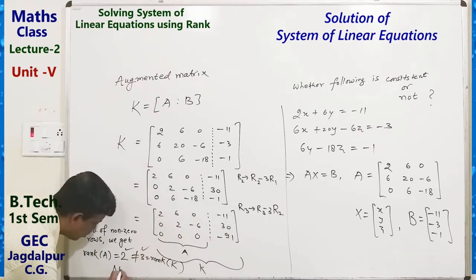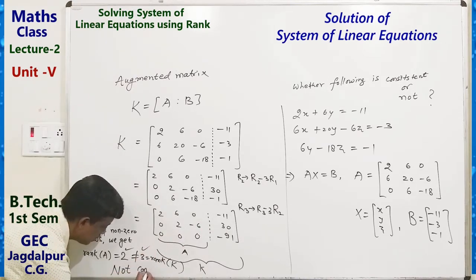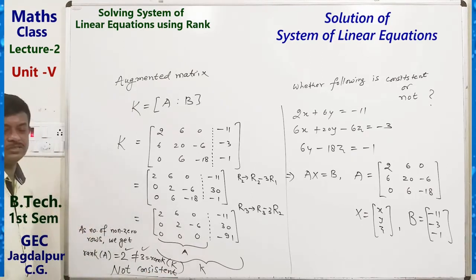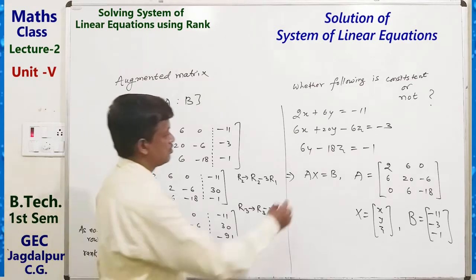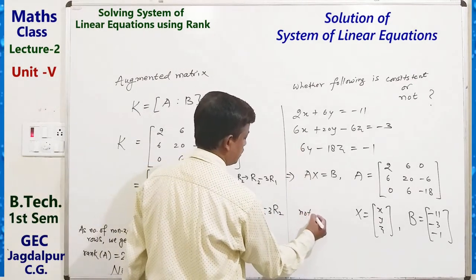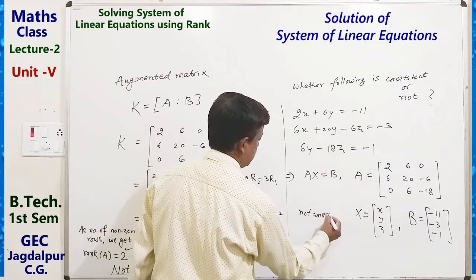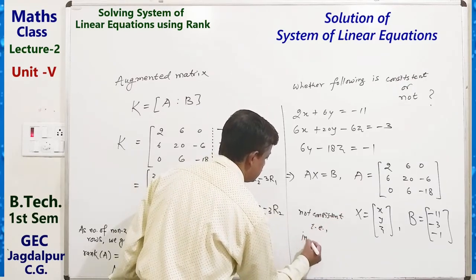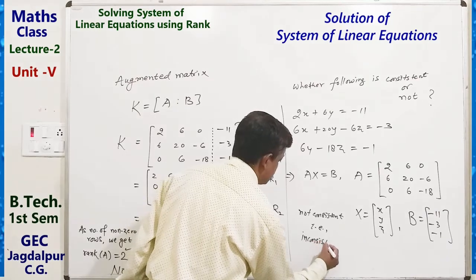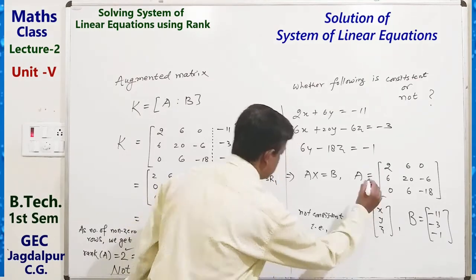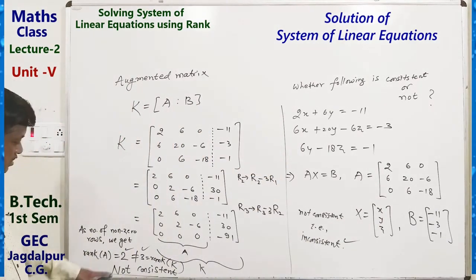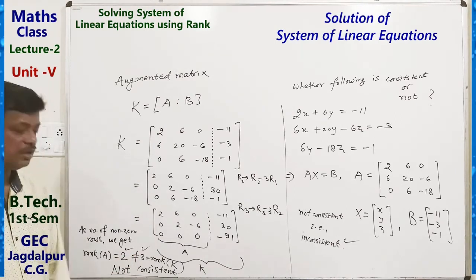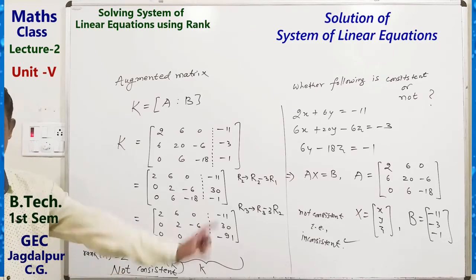So not consistent. That is inconsistent. R is not equal to R dash, so by Rouche's theorem, inconsistent. Not consistent is inconsistent.